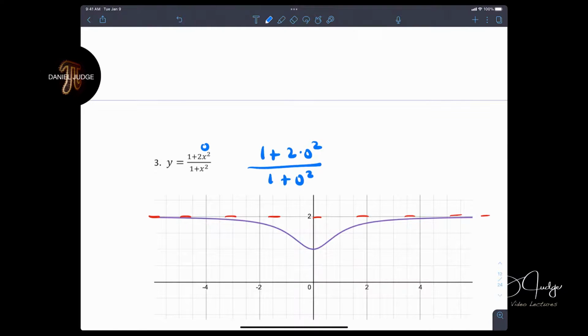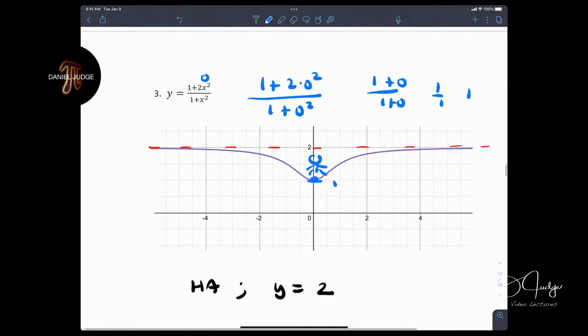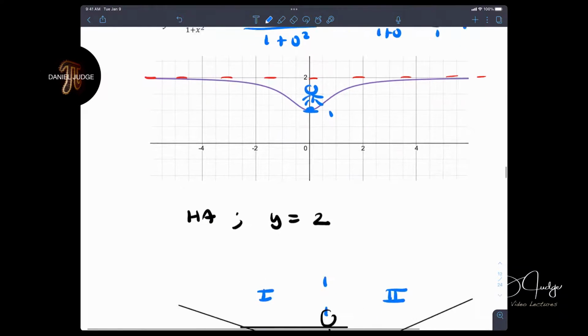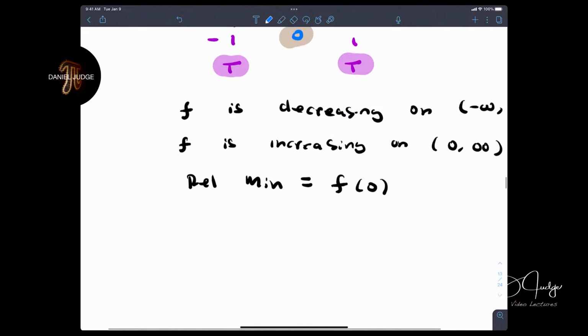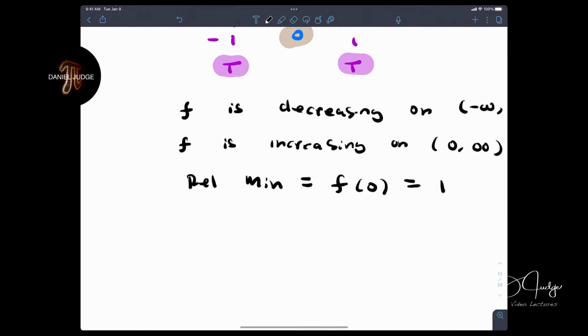So it looks like it's 1 plus 0 over 1 plus 0, which is 1 over 1. 1. And that makes sense because this is that valley that they're talking about. This is 1. Okay, that's a relative min. You're in a valley there. So this is our conclusion here.